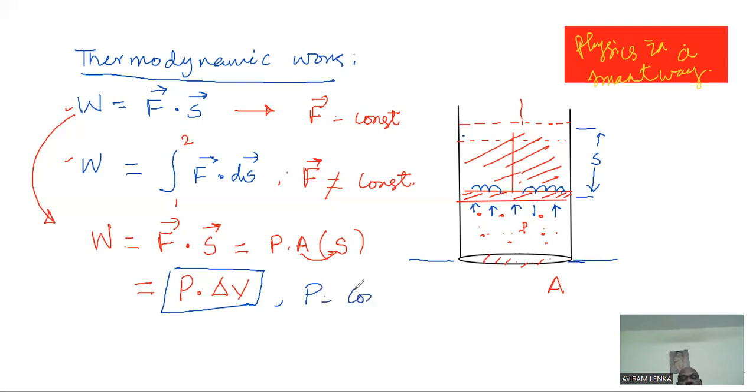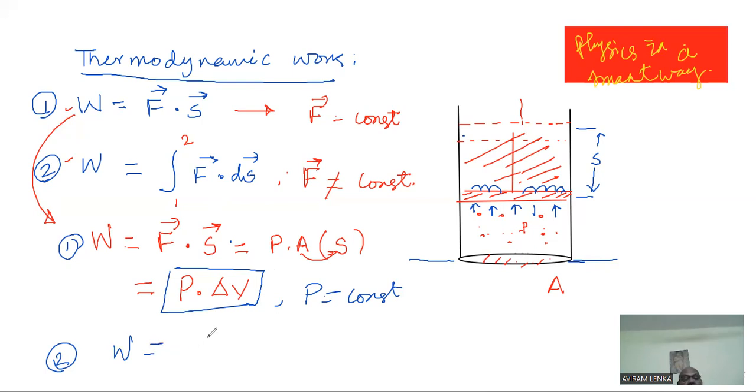The basis of this formula was the first equation, W equal to F into S. But if somebody considers the second way, the same thing can be easily expressed by looking at the formula.